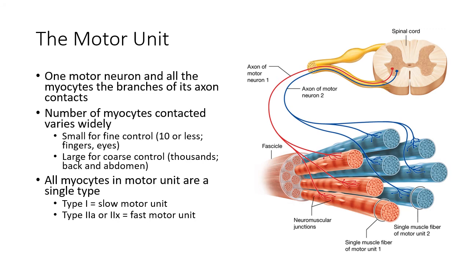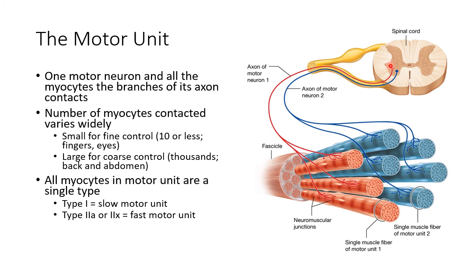In addition to wave summation, there's another way that you can increase the contractile force generated by your muscles, which is based on activating more motor units. A motor unit is one motor neuron and all of the muscle cells that are contacted by its axons.